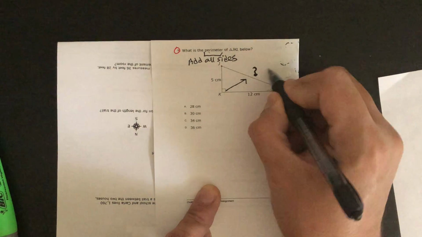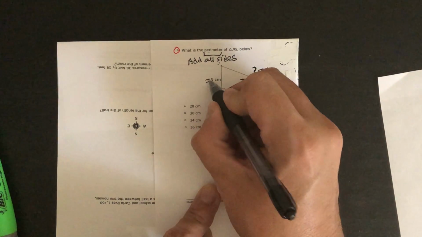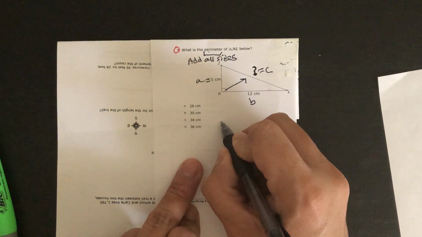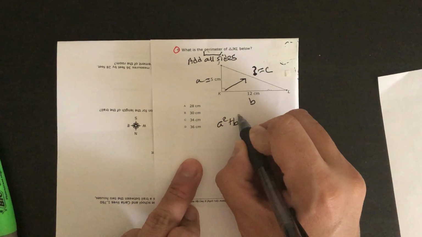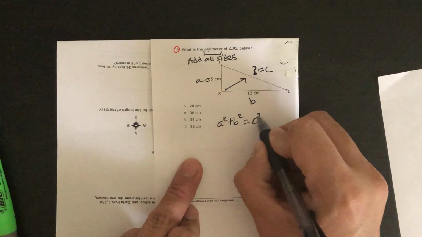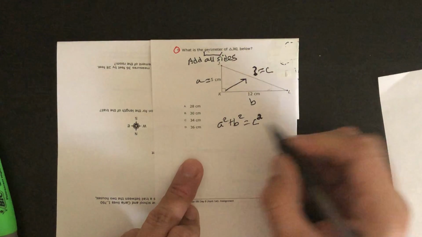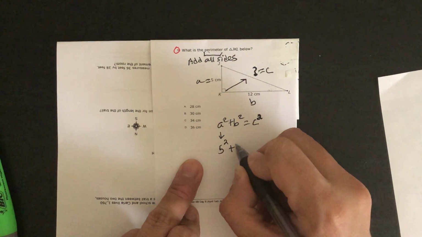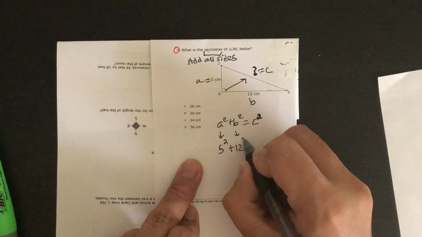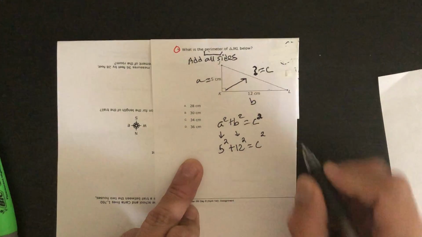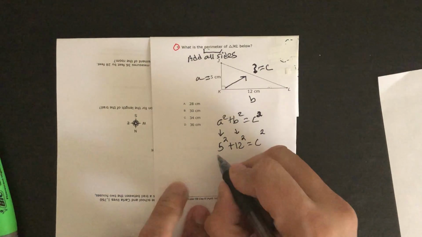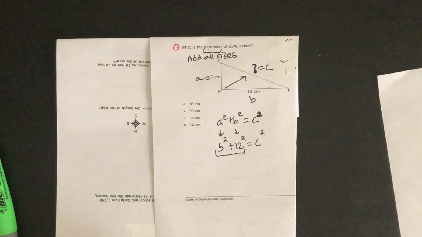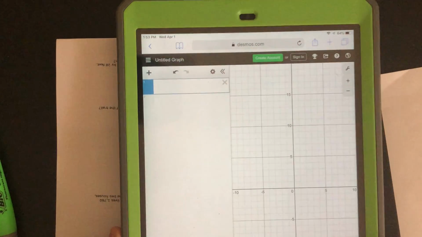Across from the 90-degree angle is your letter C. The other two sides are A and B, okay? So using my theorem, A squared plus B squared equals C squared, okay? So A squared is 5 squared plus B squared, which is 12 squared, equals C squared. Now using Desmos, I'm going to figure out what 5 squared plus 12 squared is.